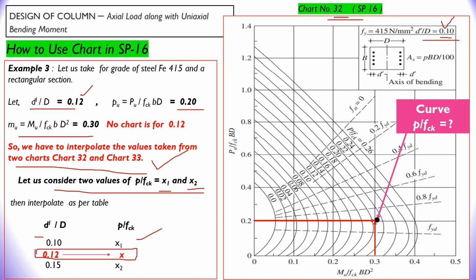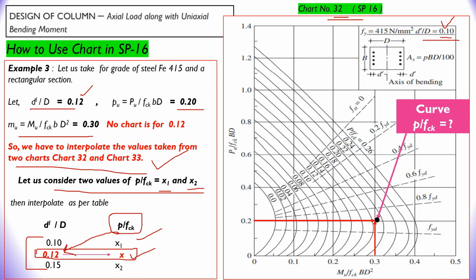It is very simple, we can do the interpolation and easily work out the value of x, that is the value of p by fck belonging to this value of d dash by D. Accordingly, we will be able to calculate the percentage of steel required and the area of steel required.